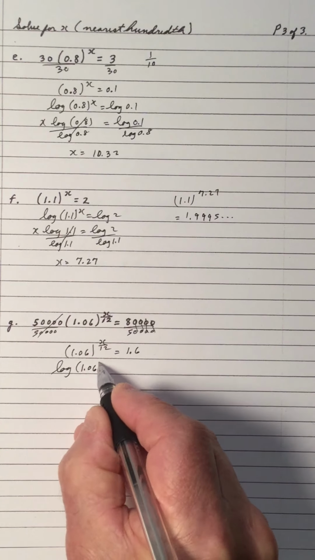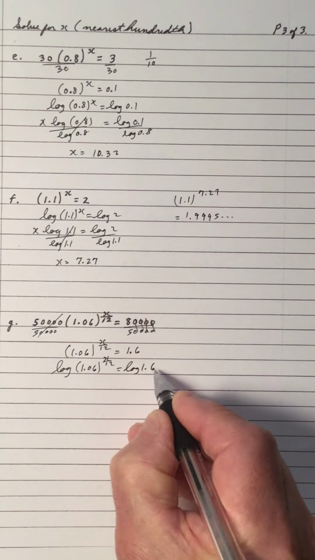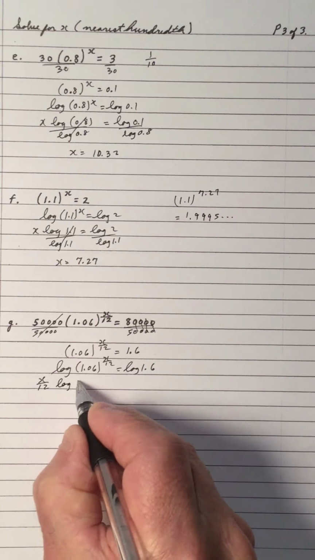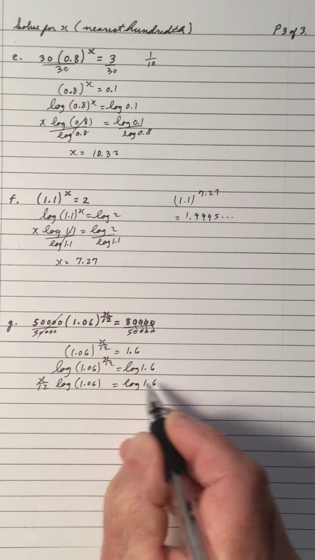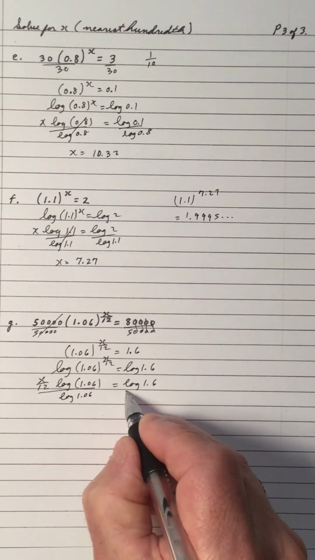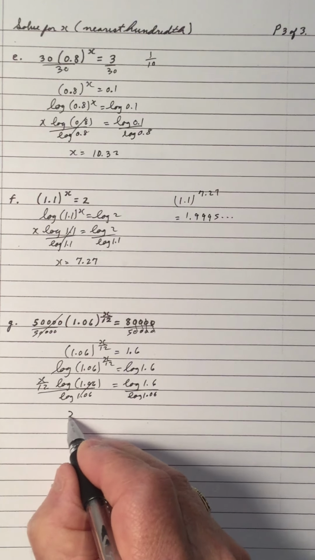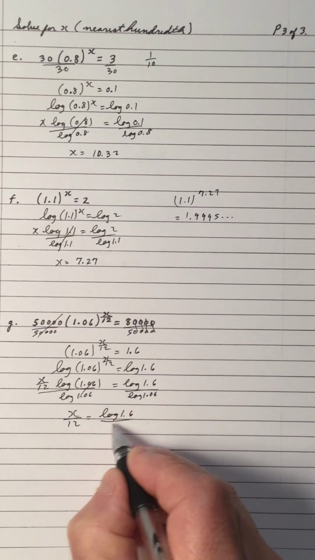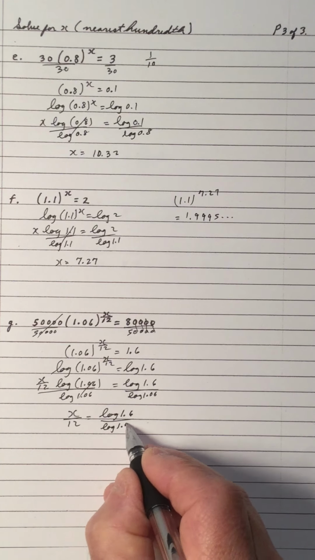Again, the power of x over 12 goes in front because of the power rule. And divide by the log of 1.06, it cancels, so I get x over 12 equals the log of 1.6 over the log of 1.06.